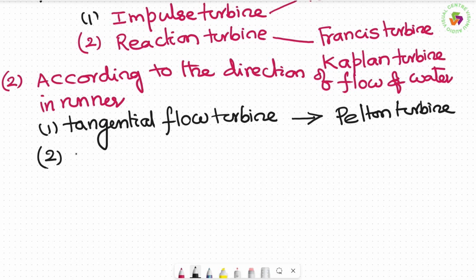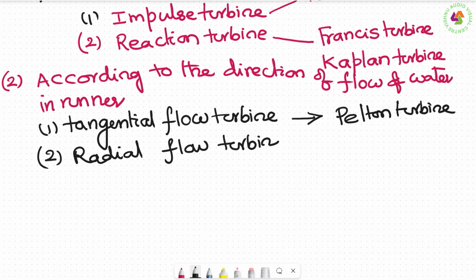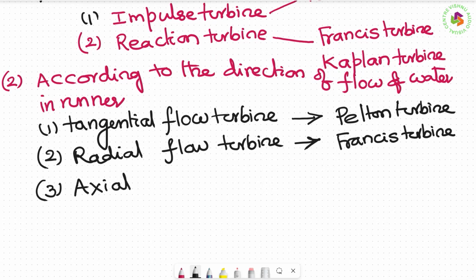Whereas the second one is the radial flow turbine. That means flow enters at the outer periphery and leaves at the inner periphery. So this is the Francis turbine. Flow is in the radial direction. Third one, axial flow turbine, the Kaplan turbine.